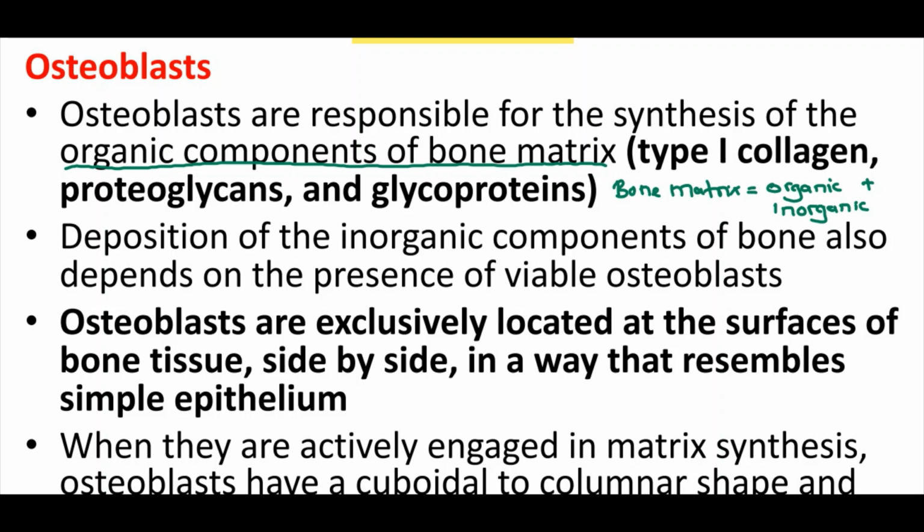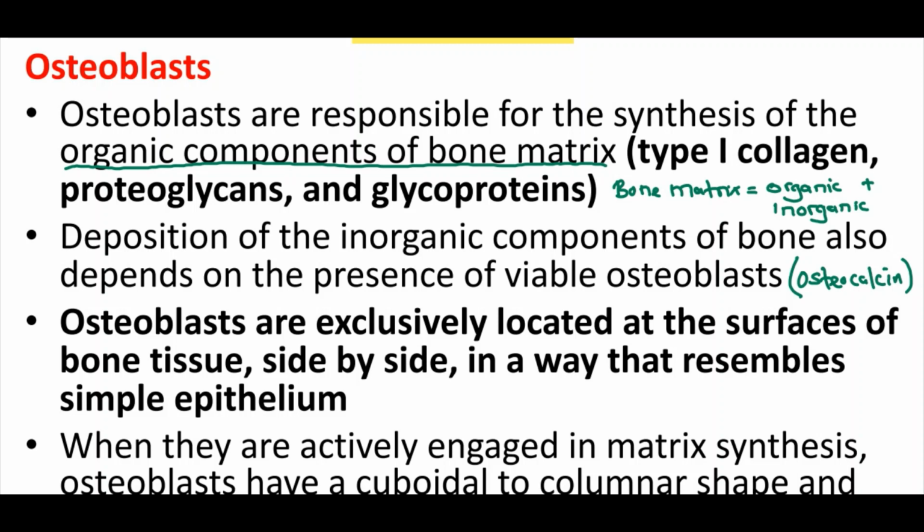Now, deposition of the inorganic components of bone also depends on the presence of viable osteoblasts. Why? Because osteoblasts are able to synthesize a protein known as osteocalcin. This osteocalcin is going to trap calcium in the bone matrix.